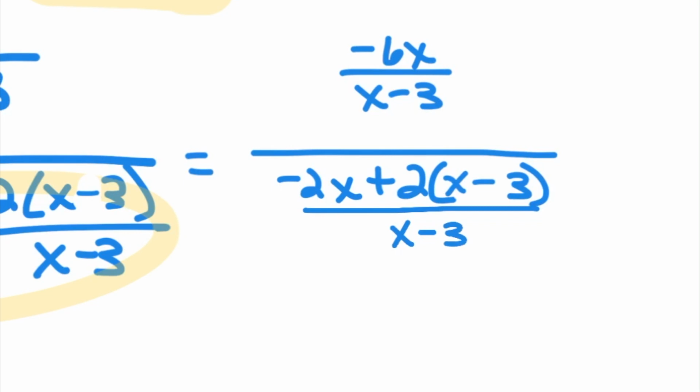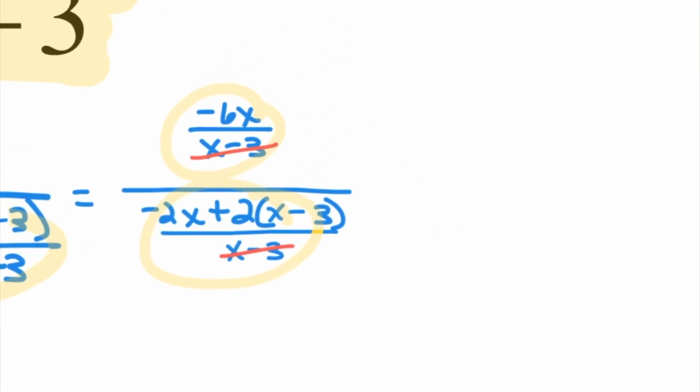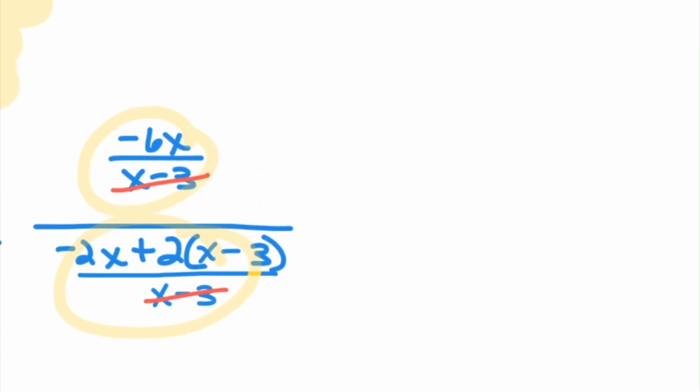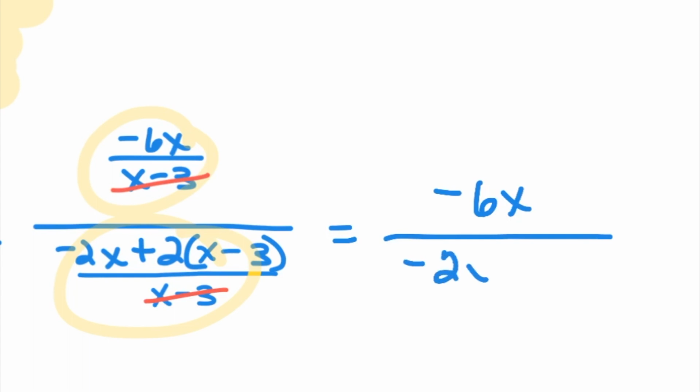And notice that now I have a complex fraction, and I've got a numerator divided by a denominator, and they both have the same denominator, so those cancel, which is sweet, because now I just have my numerator, negative 6x, and my denominator, negative 2x plus, and now I'm going to do that little distributive property here, and that becomes plus 2x and minus 6.